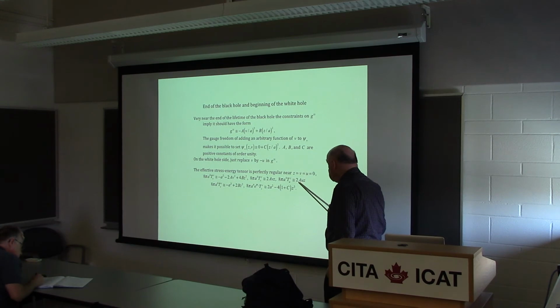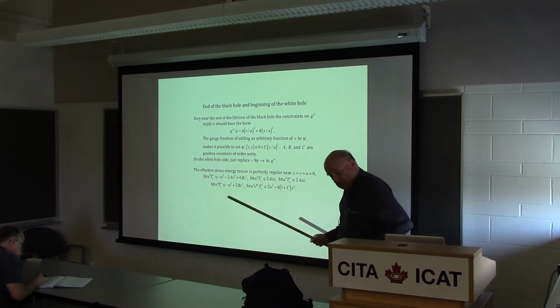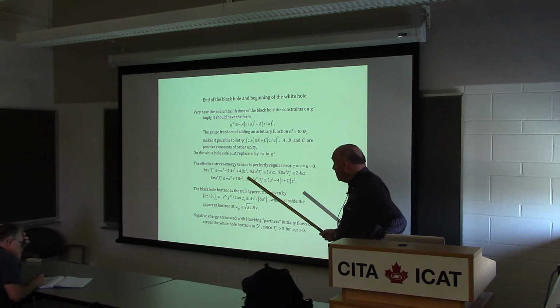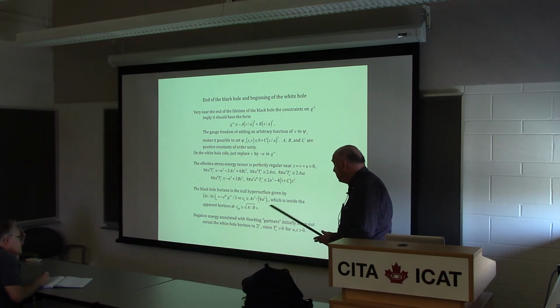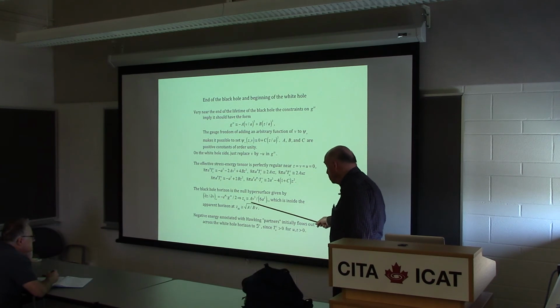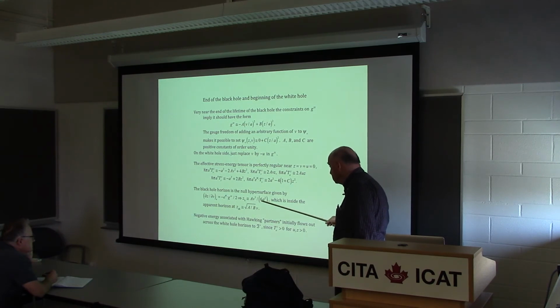Okay, so the black hole horizon is this hypersurface, and from its form you can calculate that initially, as you go away from z equals 0, z goes as a v cubed over 6a squared in the black hole.